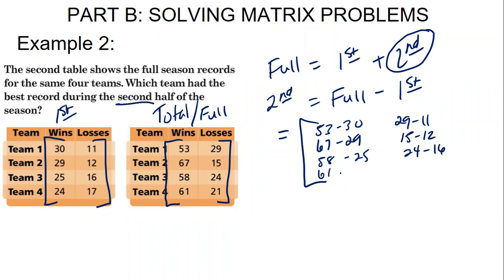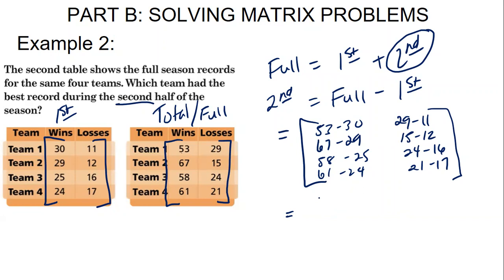We have 61 minus 24. And we have 21 minus 17. So to find the second half record, we're subtracting. Does that make sense? It's just like anything else. If you know the total and you know one value, to find the other value, you subtract.